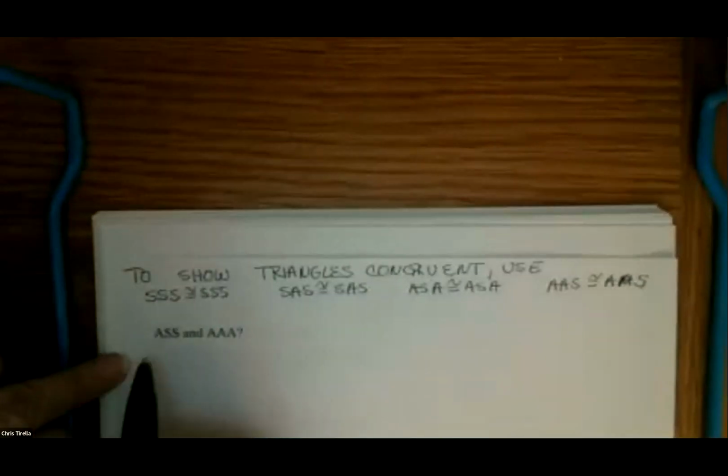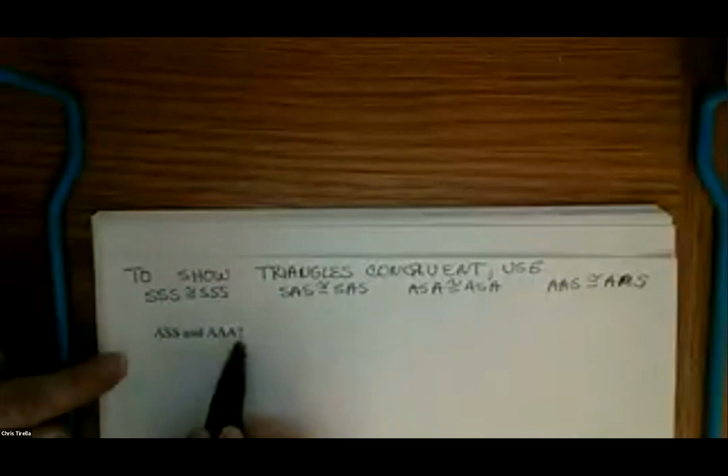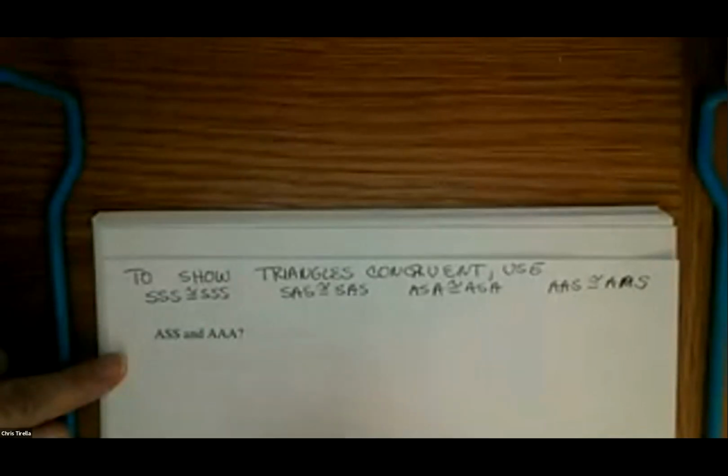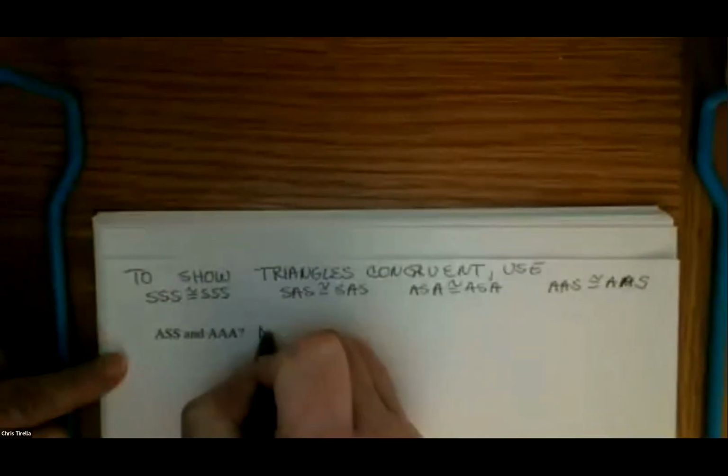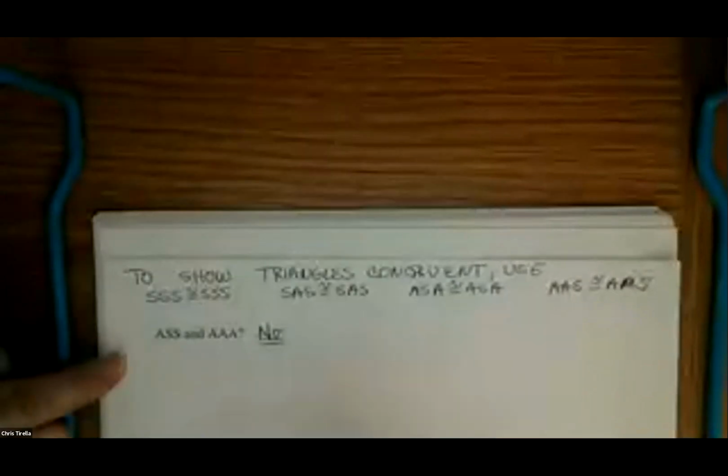So then what about angle, side, side, and angle, angle, angle? Both of those are no, they do not work.